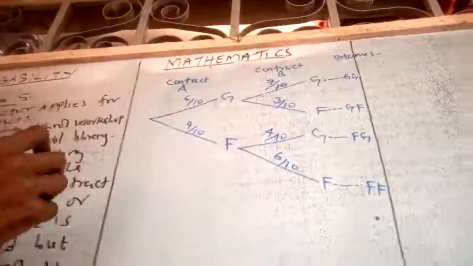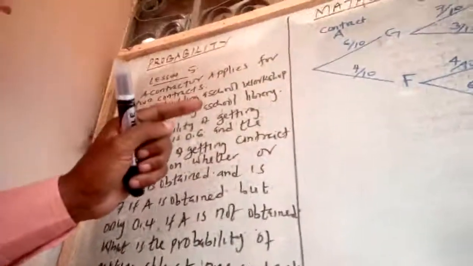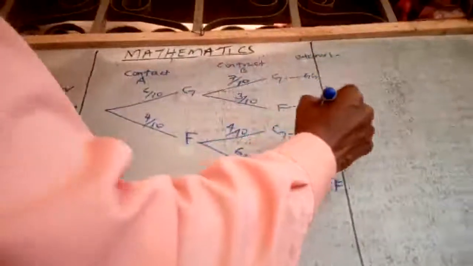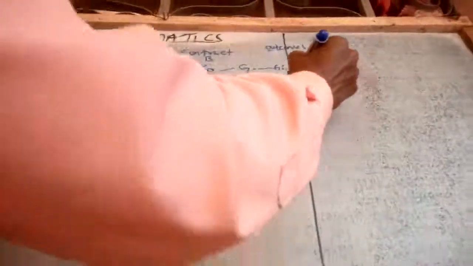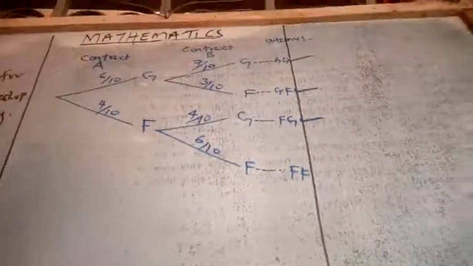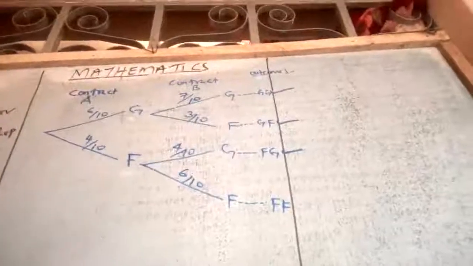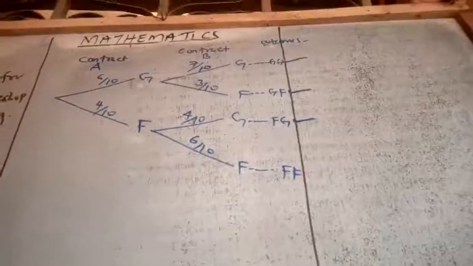And therefore, if we come back to our question, the question is getting at least one contract. So at least one contract means that this is an answer, this is also an answer, this is also an answer, because at least one means that one of the contracts is obtained. He either gets both of them, or one of them.